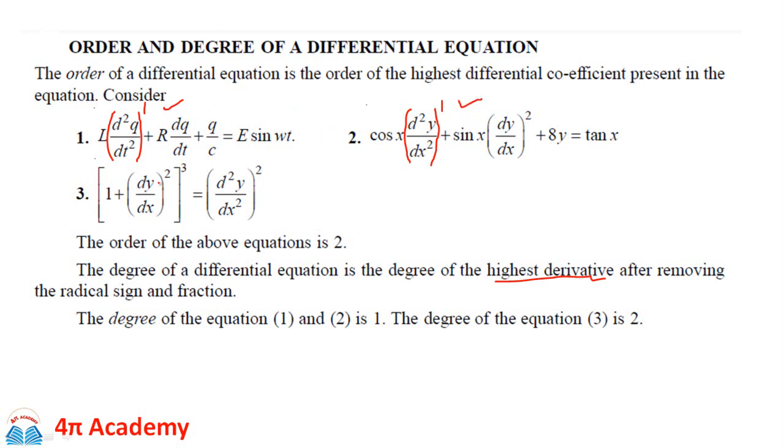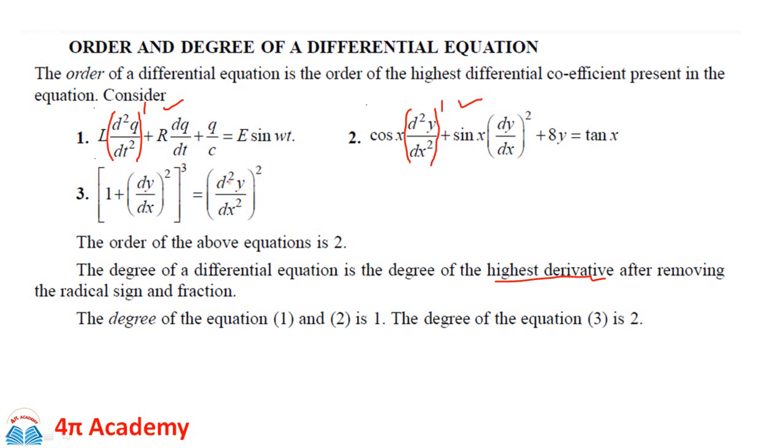Look at equation 3. Here also don't get confused. dy by dx is the first derivative, and here it is 1 plus dy by dx square, and then it is whole cube. So you may say that its degree is 6 or 3 or something like that. But this is not correct. Look at the highest differential coefficient.